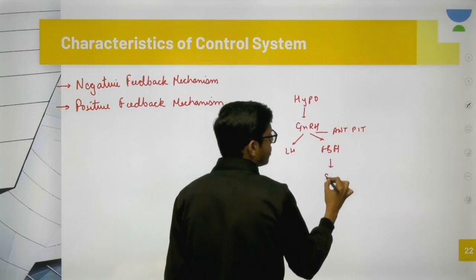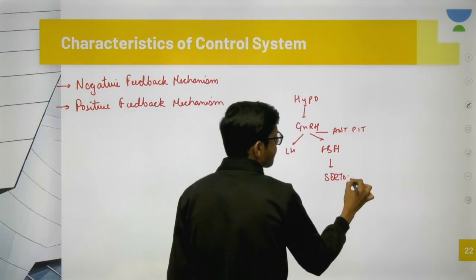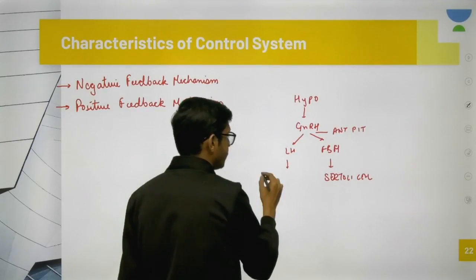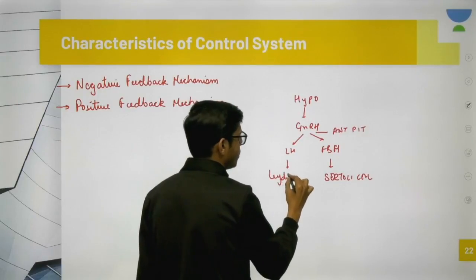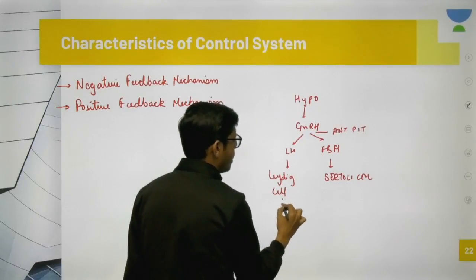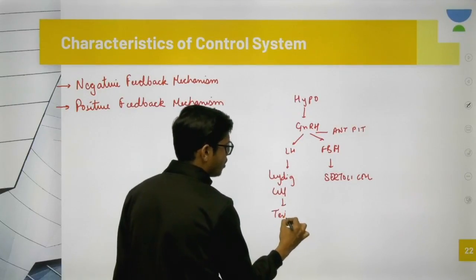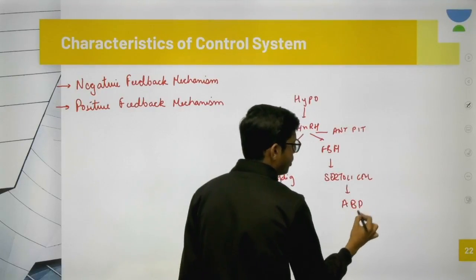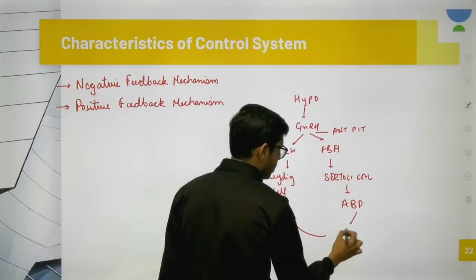FSH acts on Sertoli cells and LH acts on Leydig cells. Leydig cells release testosterone. Sertoli cells release androgen binding protein, which accumulates testosterone in the testes.